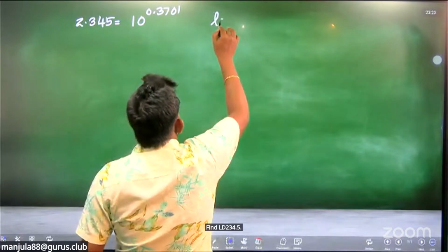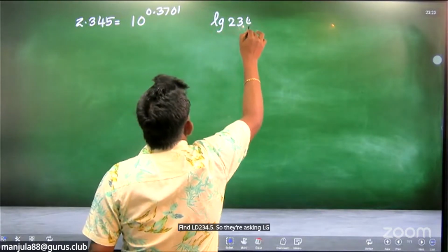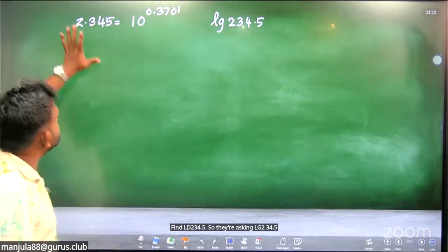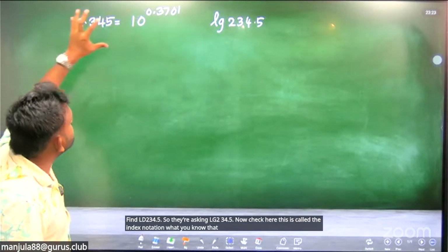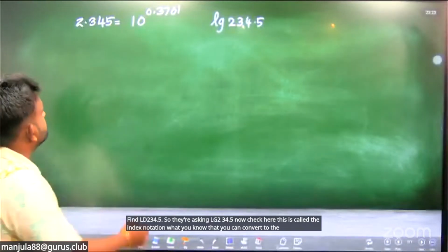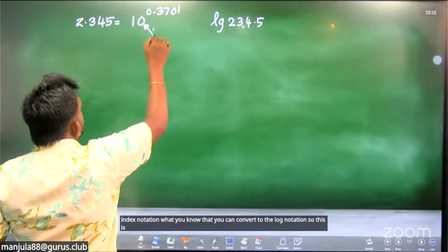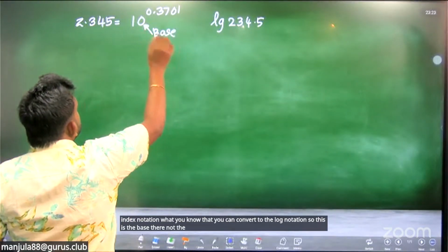They're asking for lg 234.5. Now check here. This is called the index notation, which you know you can convert to the log notation. So this is the base there, not the base side. On the other side you take the log.